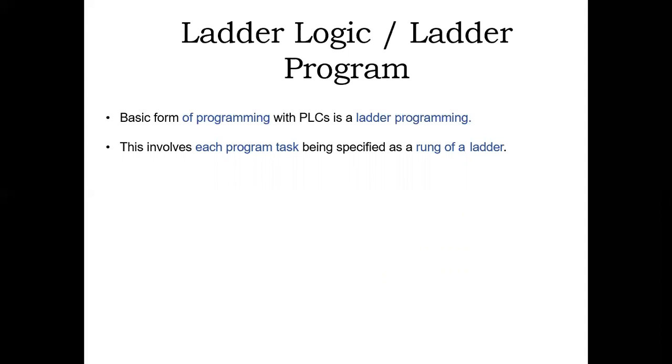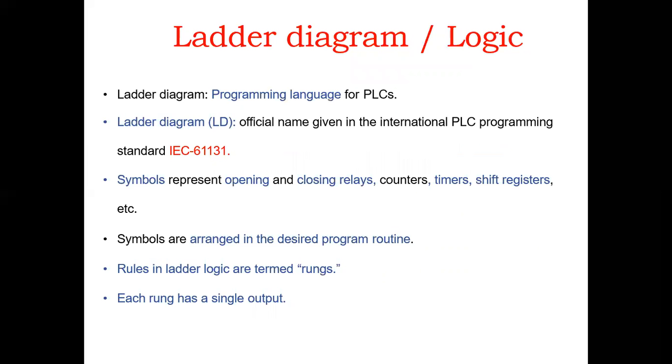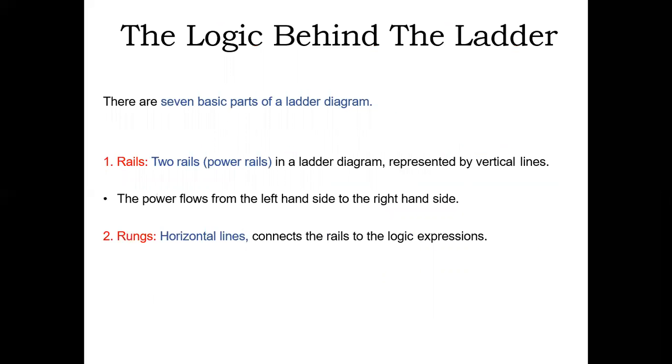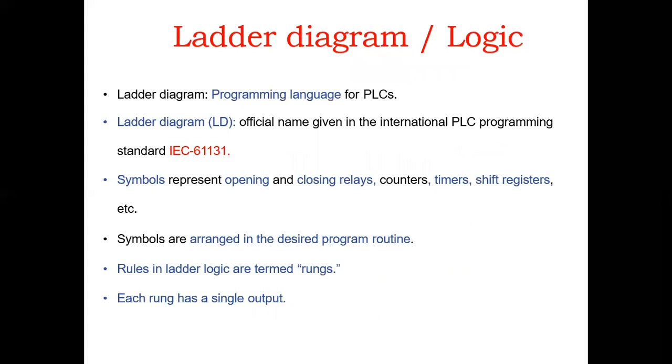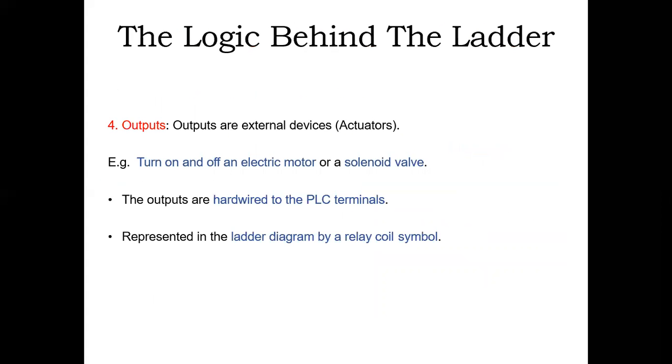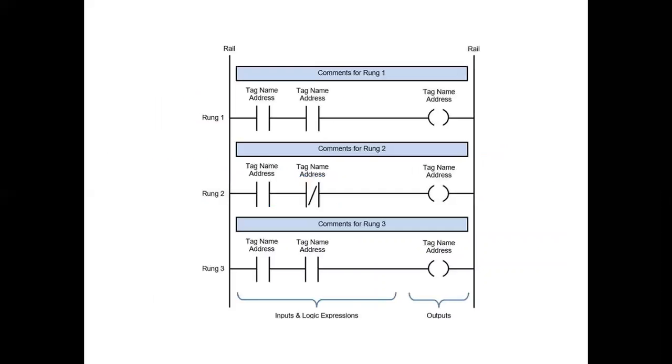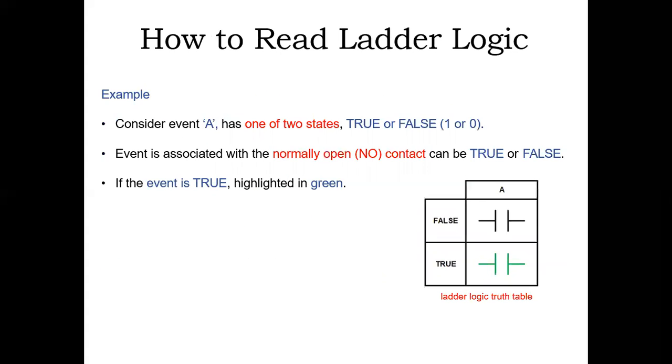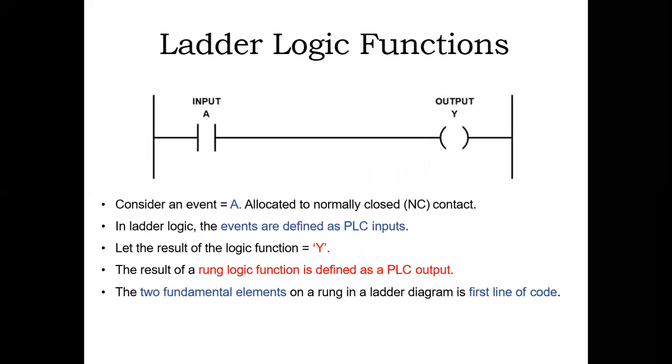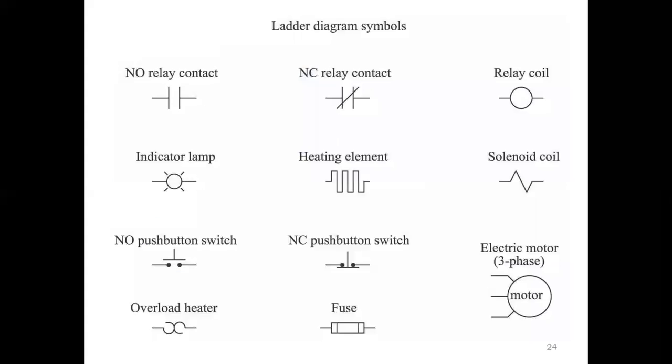This involves each program task being specified as a rung of a ladder. So in a PLC we use a ladder diagram for programming, to define a program in different logic levels. Those logic levels we will discuss in the next class.